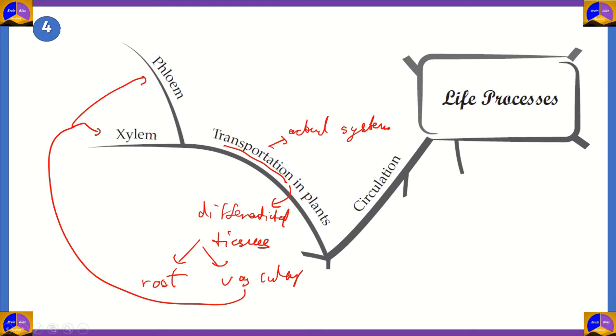So when we look at the transportation of air, air is directly taken into the leaves by the stomata. So it absorbs CO2 and removes oxygen. And that's for air.